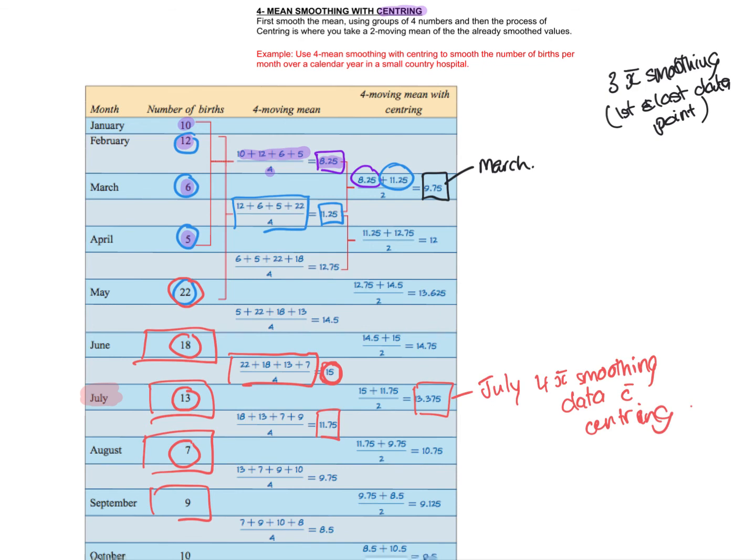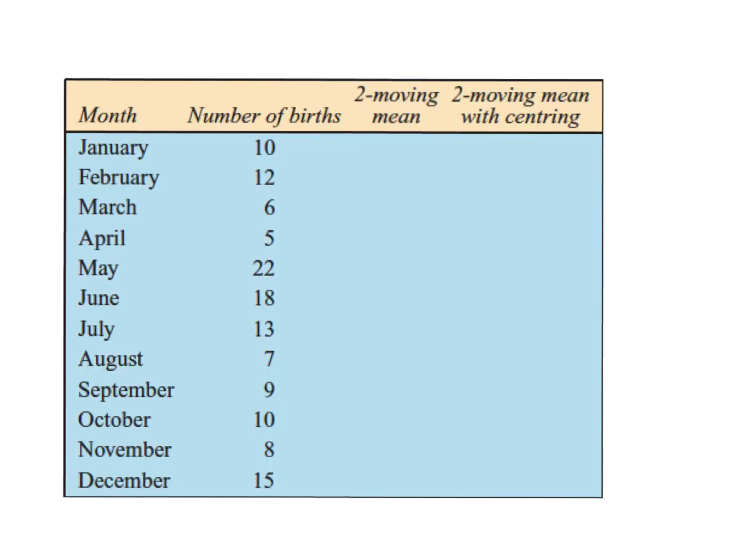Okay, so let's go and do a 2 mean, because that's an even number, and we'll do it together, and you can write it on the sheet so that you can see. So let's do the 2 mean smoothing with centering. First of all, you take the first 2, so it'll be 10 plus 12 divided by 2, and you would get 11.